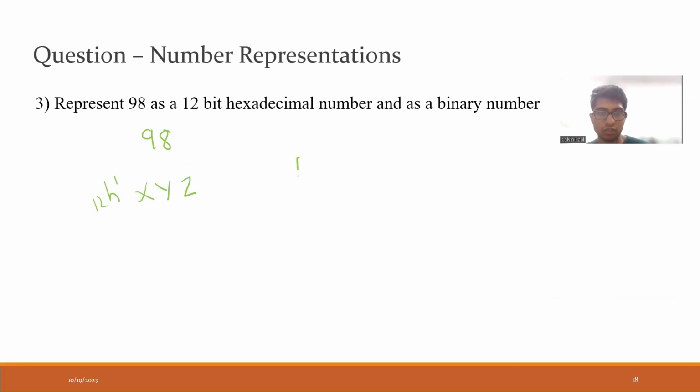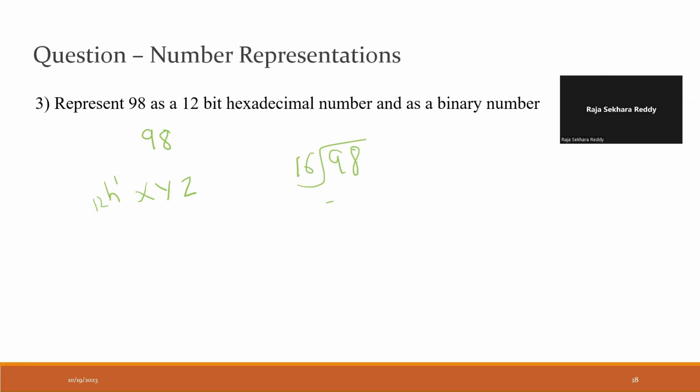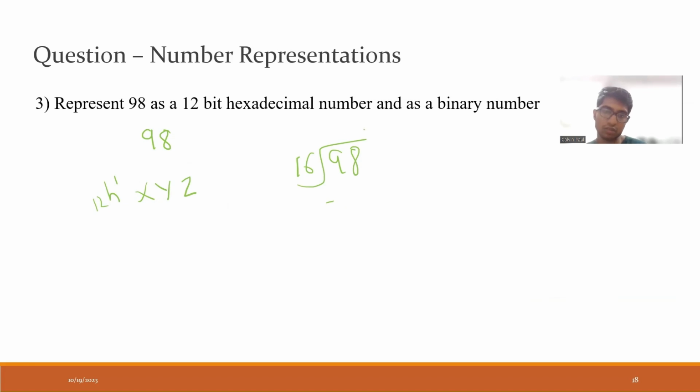How you do it is you divide 98 by 16. You get 6, 6 times 16 is 96, and the remainder is 2.